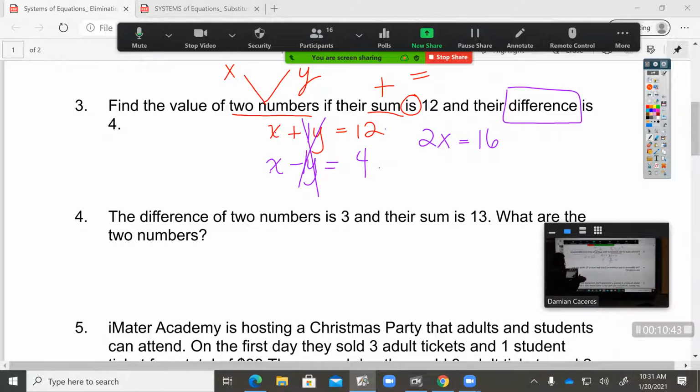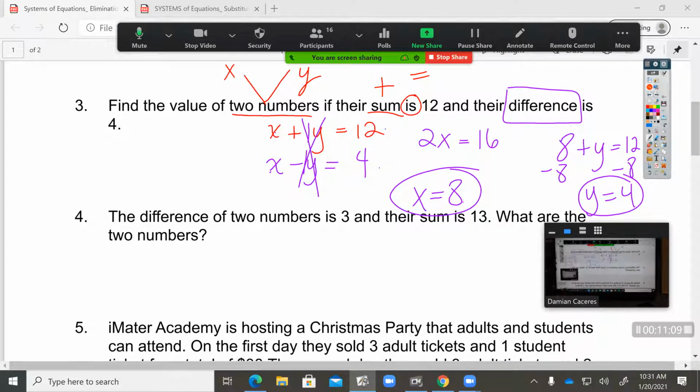Now you can divide both sides by the coefficient and we get x equals 8. Now you can plug in 8 for x in any of those equations. I'm going to plug it into the first one. 8 plus y equals 12. The only step to solve this equation for y is subtract 8 on both sides. We get a y value of positive 4.